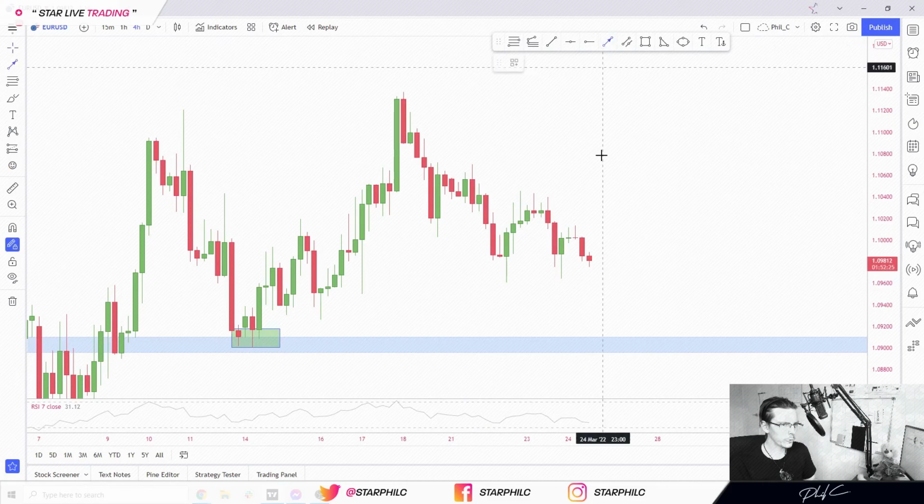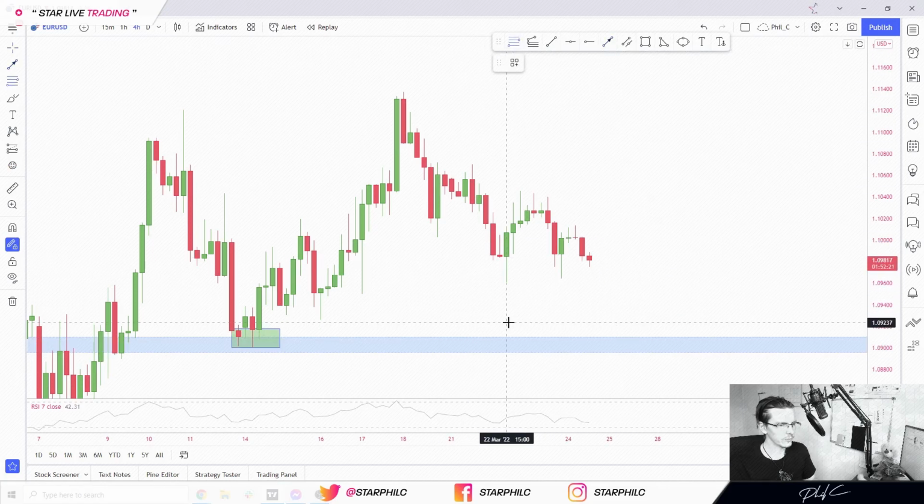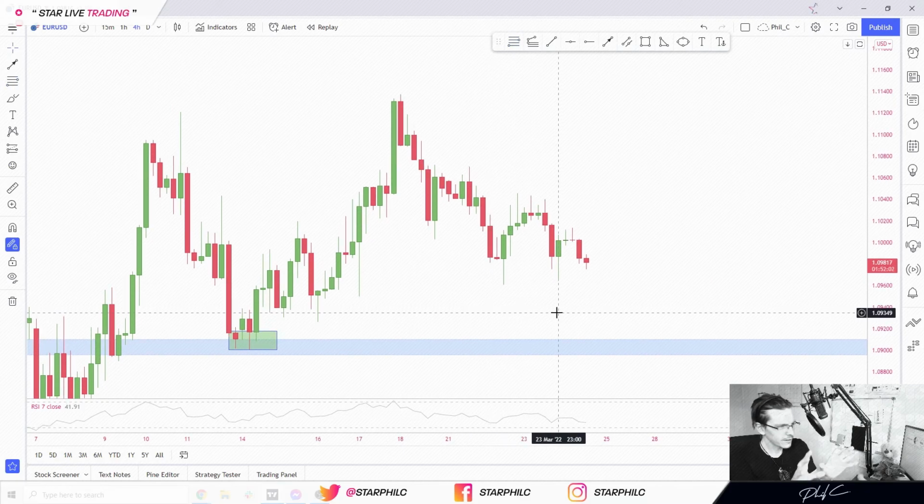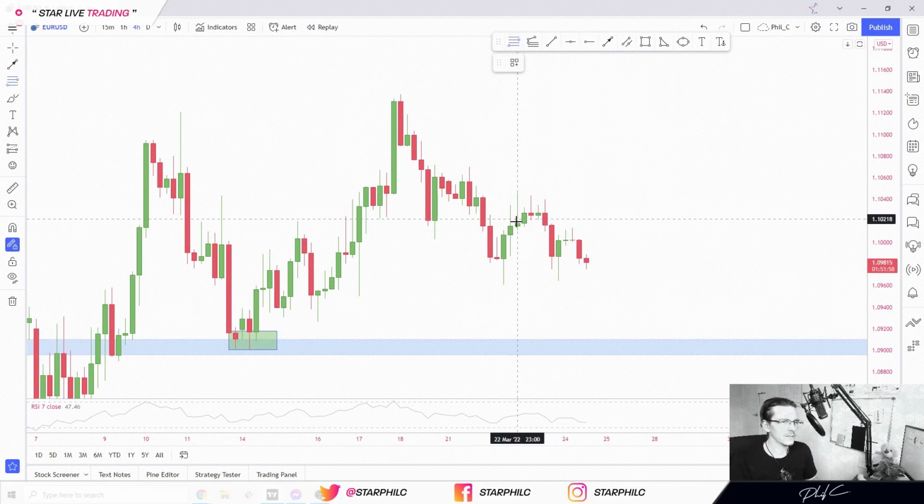So if I'm waiting for price action to come back down into this support level here, and I want to buy it up in anticipation that price action is going to move towards the upside, then I need to build a case for entry. And what I can see here with the naked eye already is a Fibonacci.